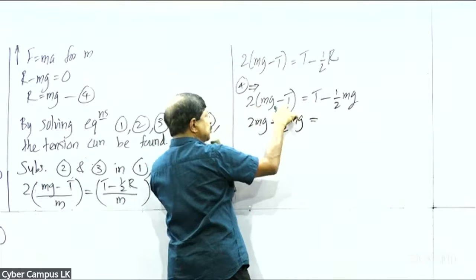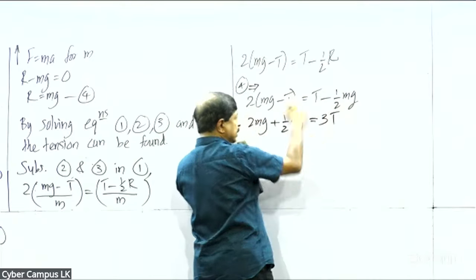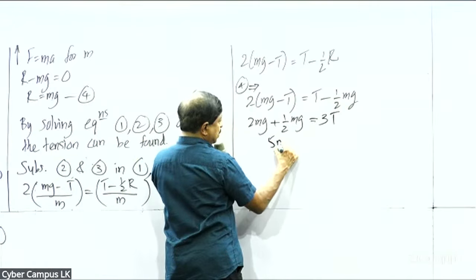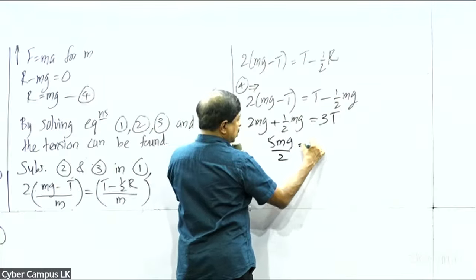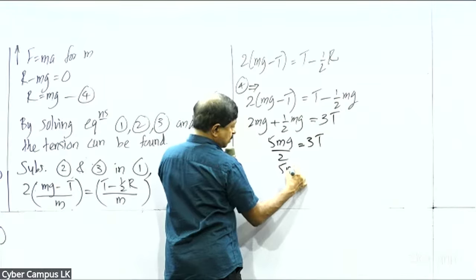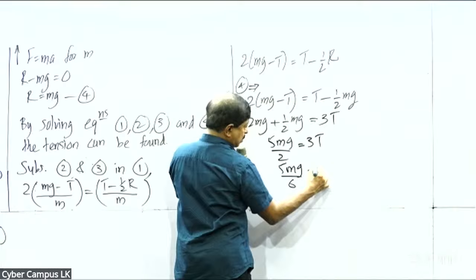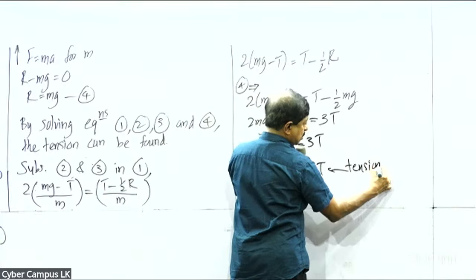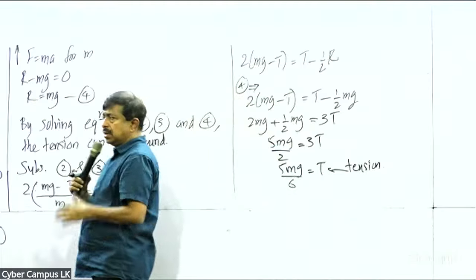Here you have minus 2T. If you take that to the other side, it will be 3T. You have 5mg over 2 is 3T. This is the tension, right?